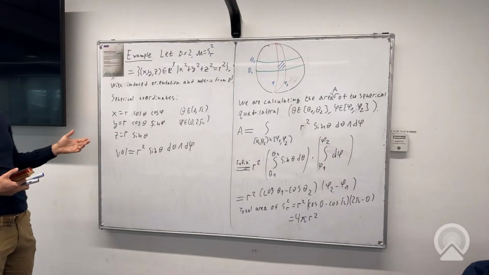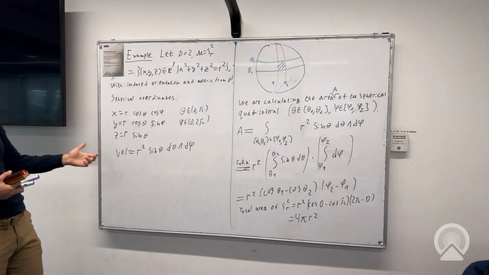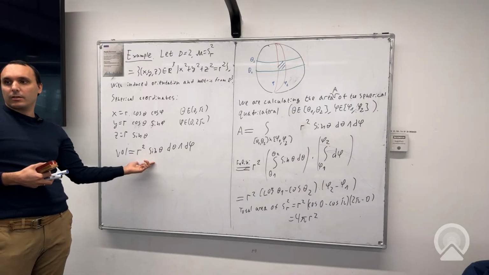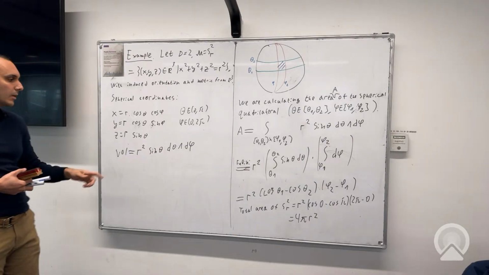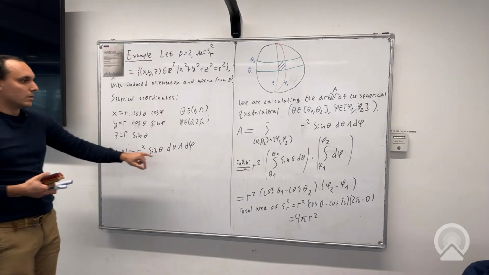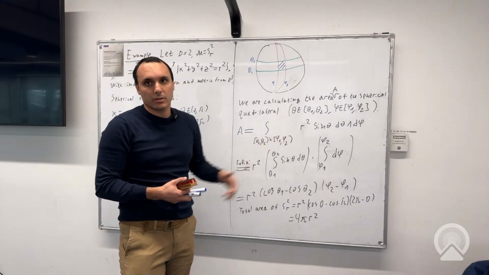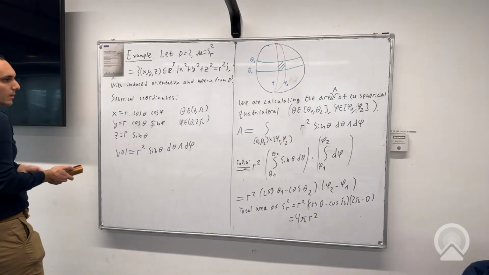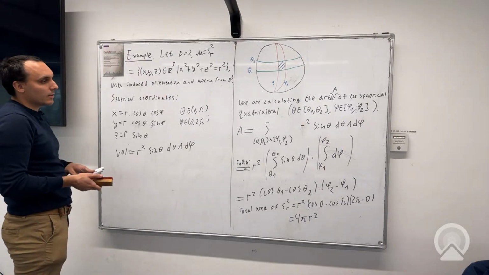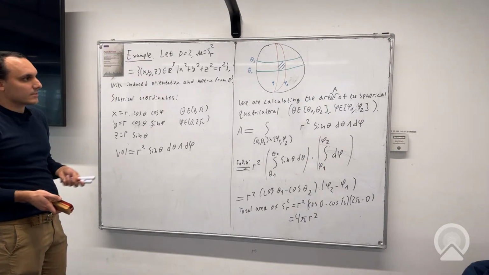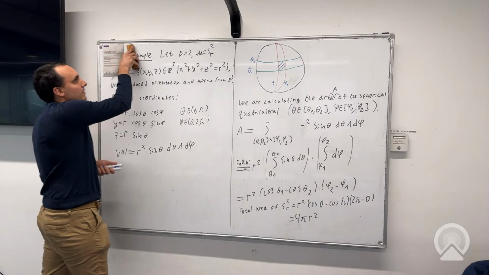If we get some Riemann integral, we will be integrating function f here of theta and phi. So we have some multiplication here with some function as well. And the rest is integration.